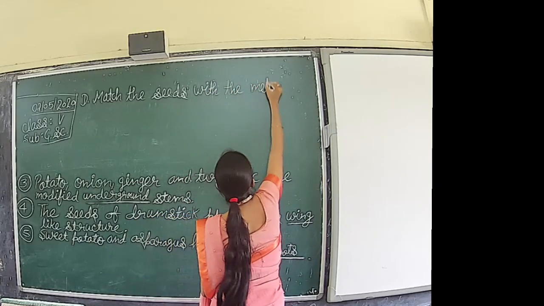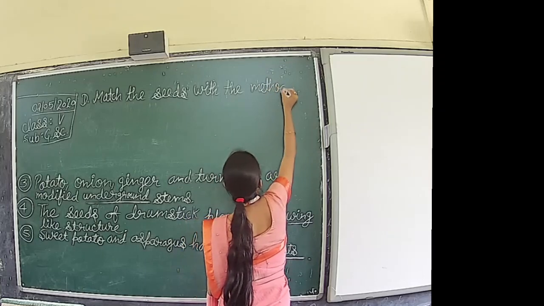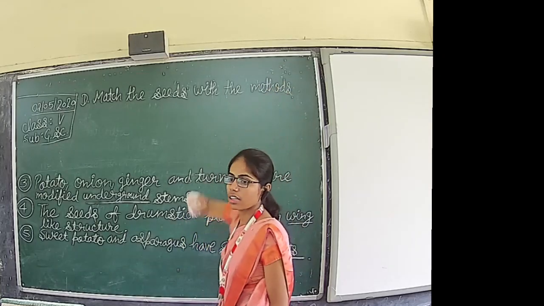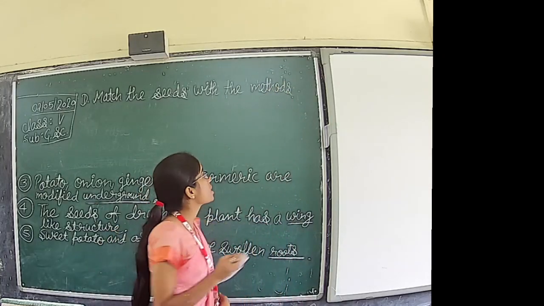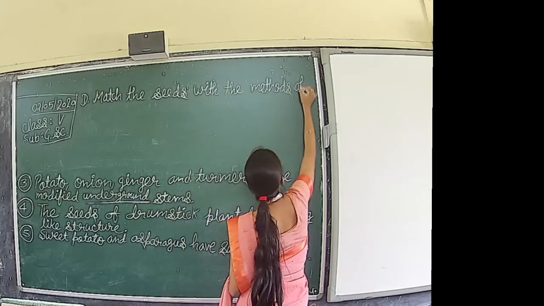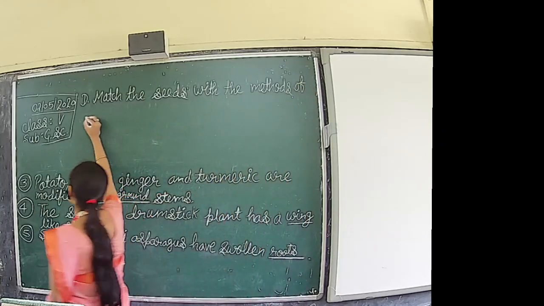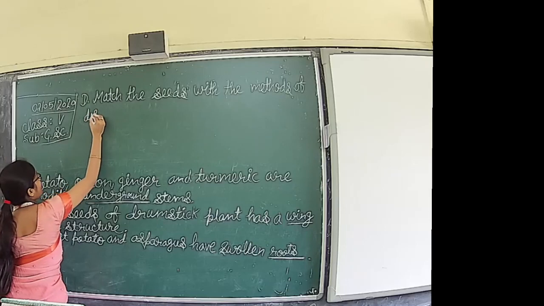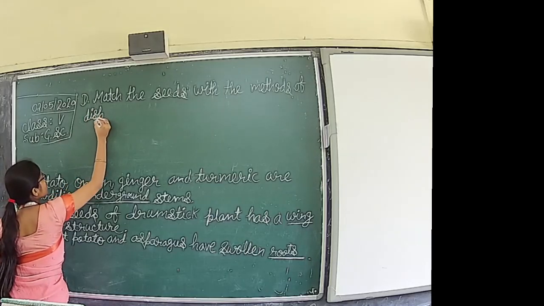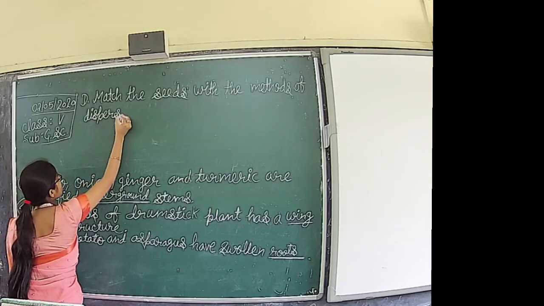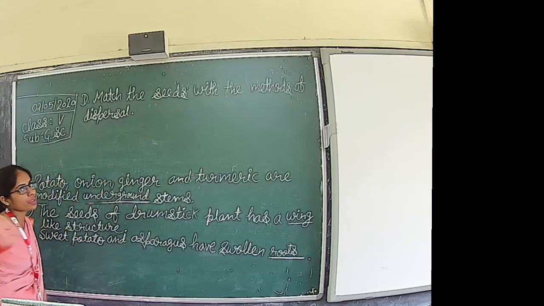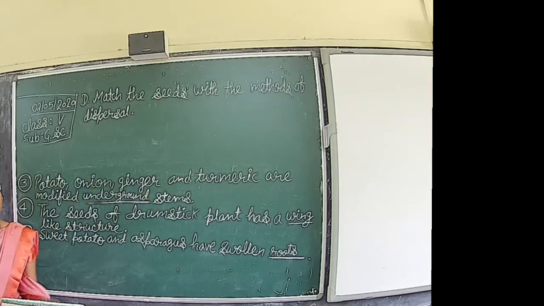Now you have to recall in your mind dispersal and the various agents of dispersal, and how several seeds were dispersed using these agents of dispersal. We have to see that.